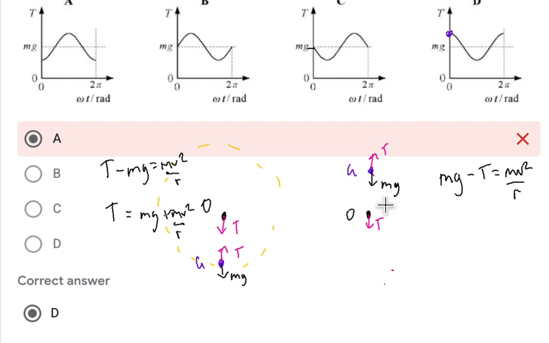The dominant force is always pointed towards the center of the rotation. So therefore here we have T equals, if we rearrange that, mg minus mv squared over r.